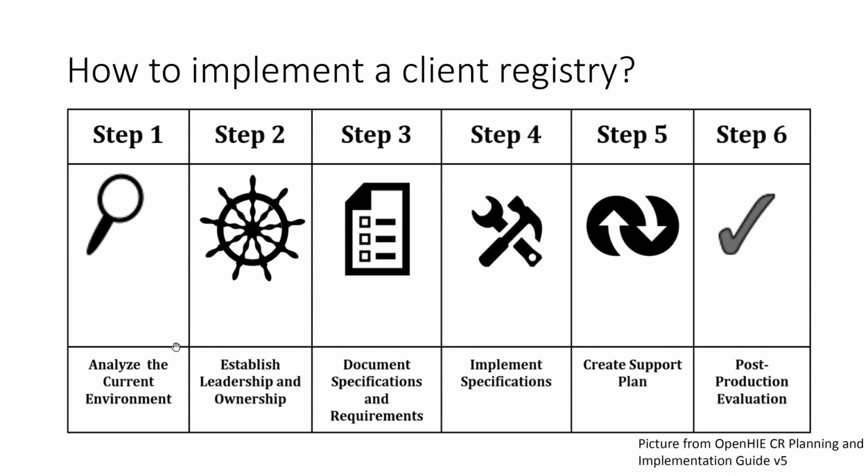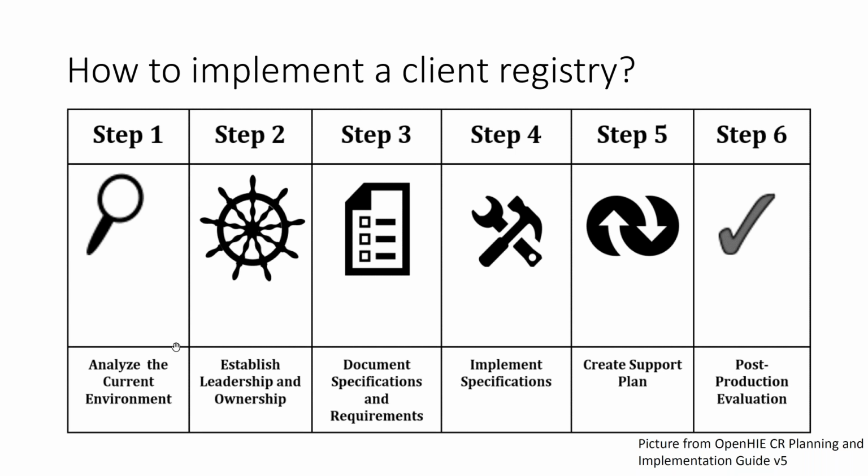Then step two would be establishing leadership and ownership. In this step, we can identify people who will guide, who will give the direction of the client registry. It actually differs for every country. We can include different stakeholders depending on the current situation of your country.